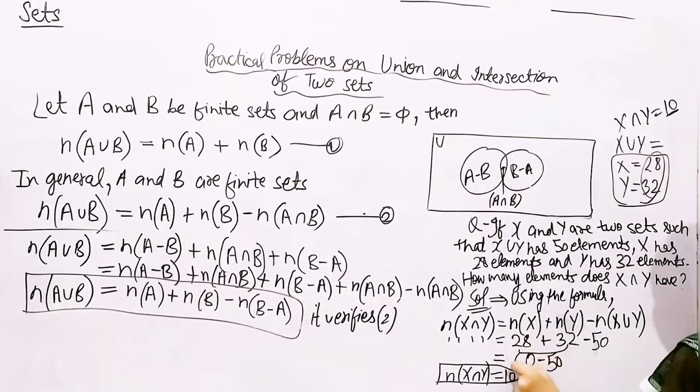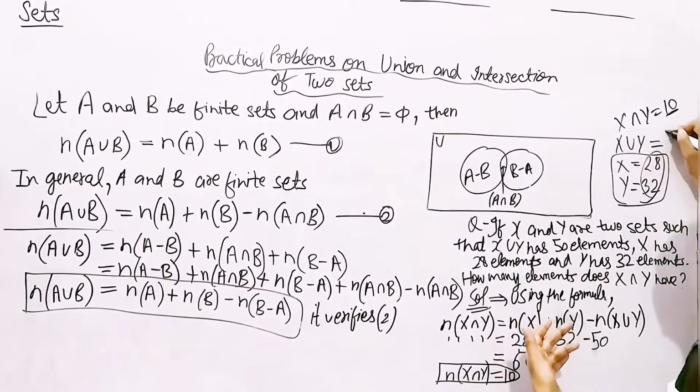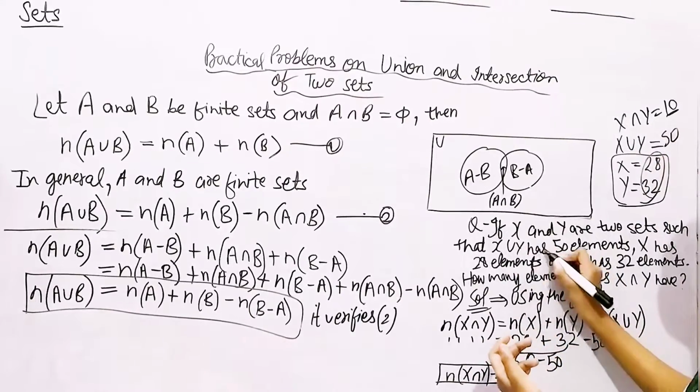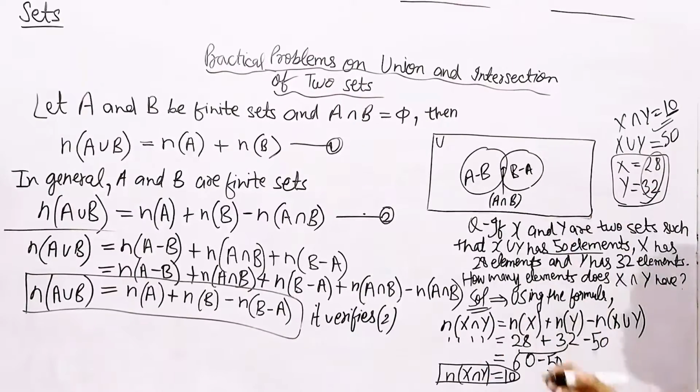After adding them I get 60, and the 10 we have. So 60 minus 10 gives us 50, and this is X union Y equal to 50. So we have checked and the answer is 100% correct.